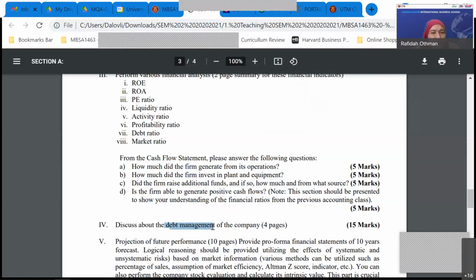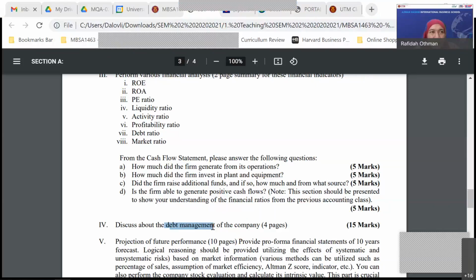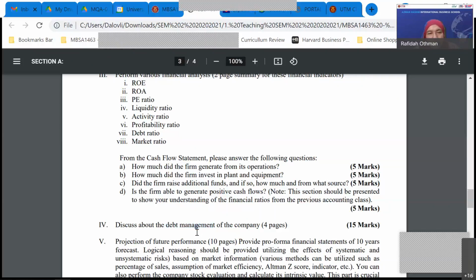I think you have to revisit the company again because maybe they have bank loans or other types of loans. You have to check. That's why you have to look into the company's financial statement, the year-end report. You have to look into that in order to find all this information. I don't think that the company has no debt. They still have a debt.